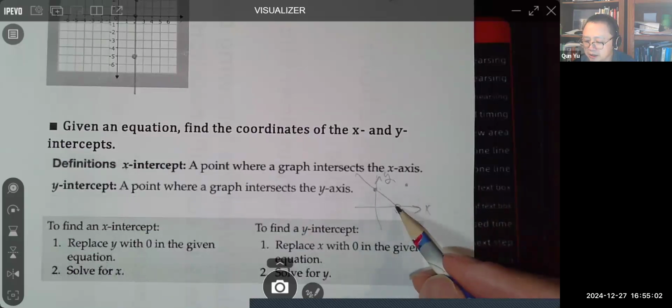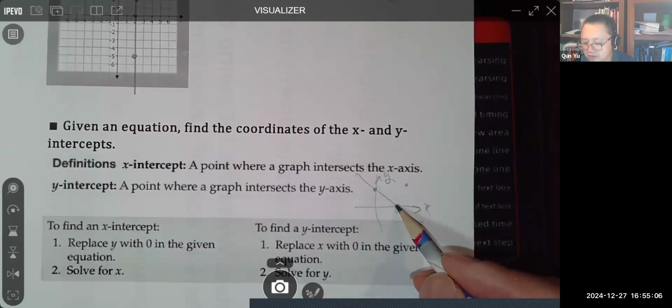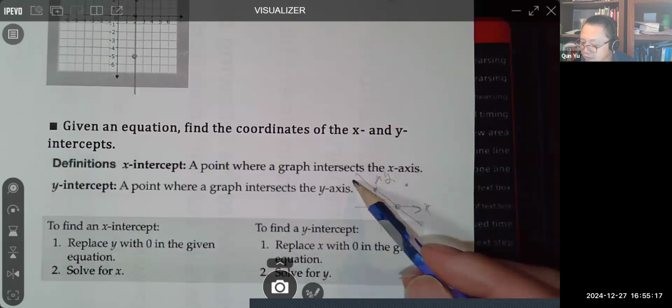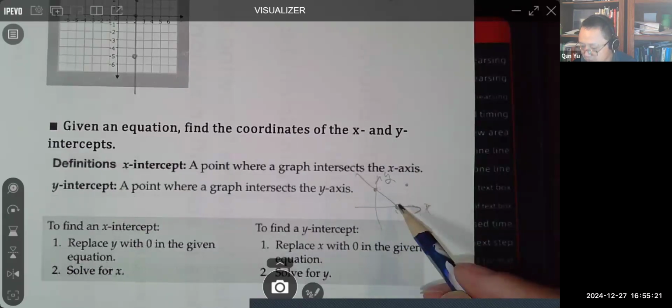For any point on the x-axis, y value is 0. Because if y is positive, it will be above this line. If y is negative, it will be below this line. It's on this line, so y has to be 0. And there's only one point on this whole line whose y value is 0. That's here.